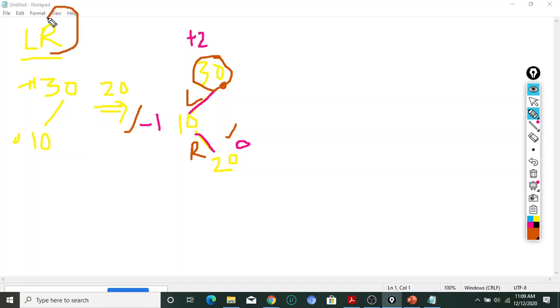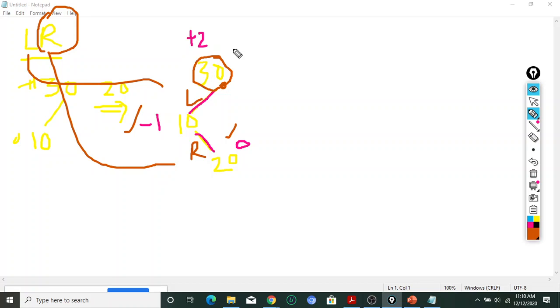Try to understand this notation: this is the right and this is the left. So that is called LR imbalance, because this imbalance can happen if I insert the node in the right subtree of the left subtree of node A.